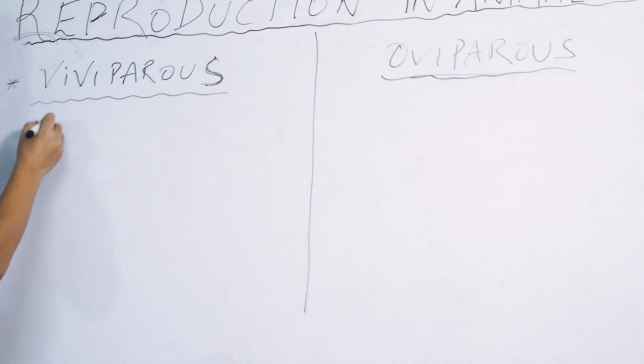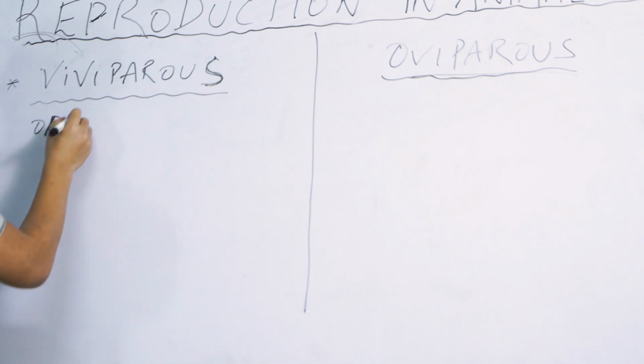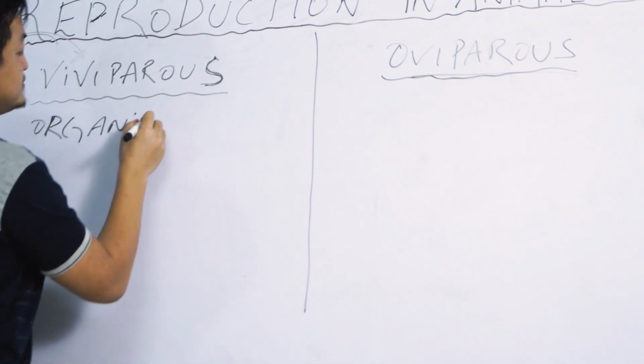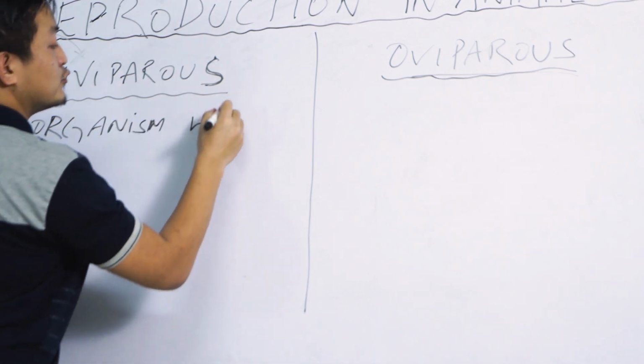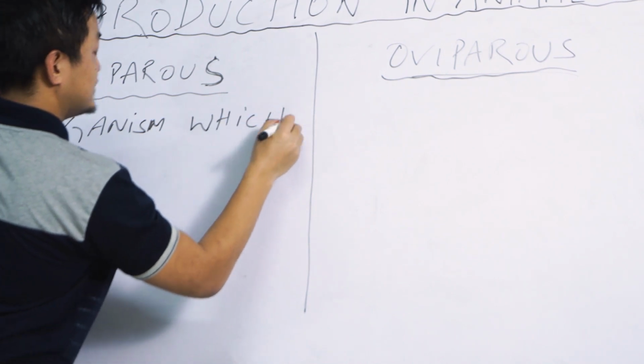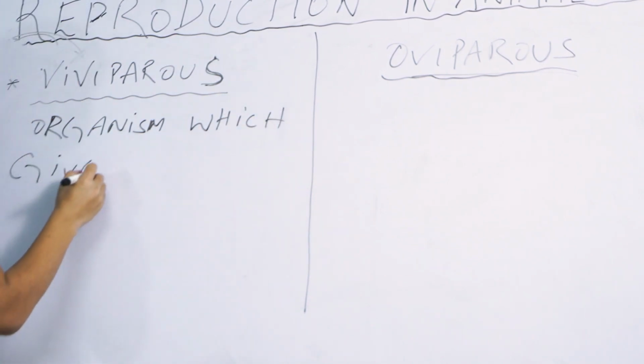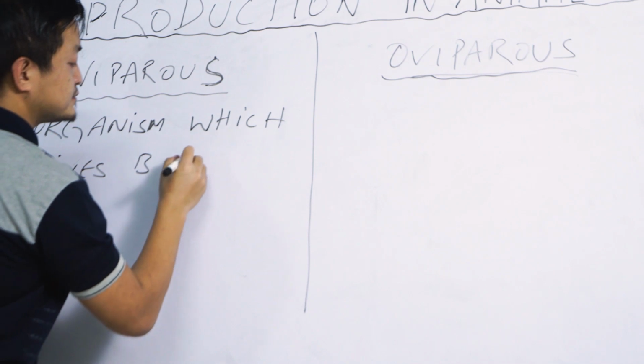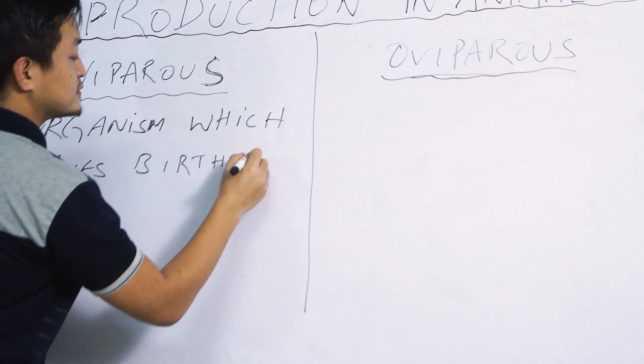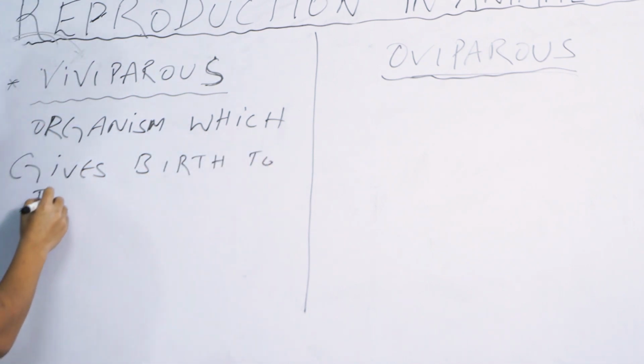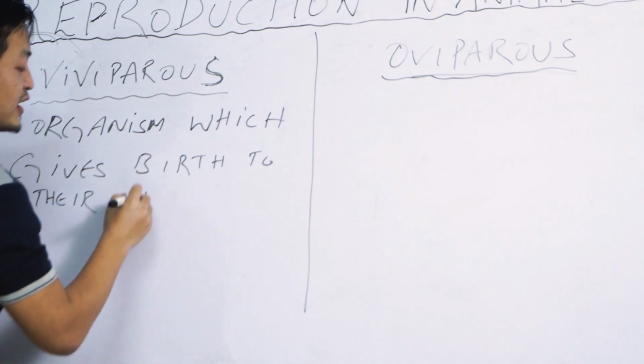Now, viviparous are organisms, clear, which give birth to their young ones.